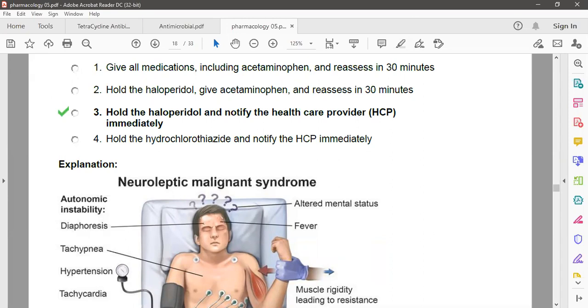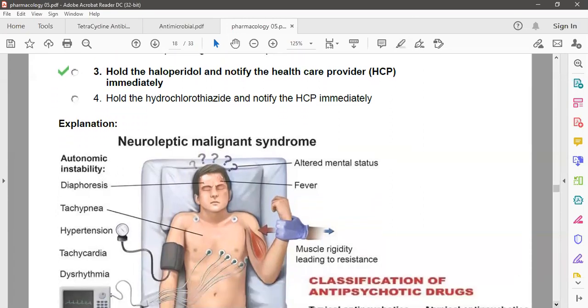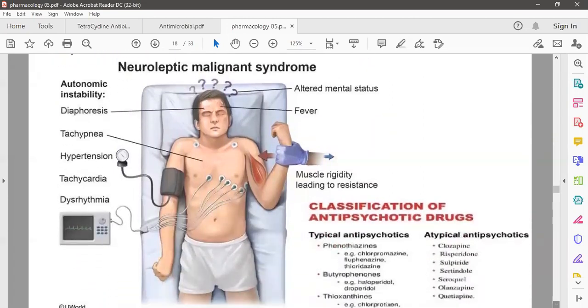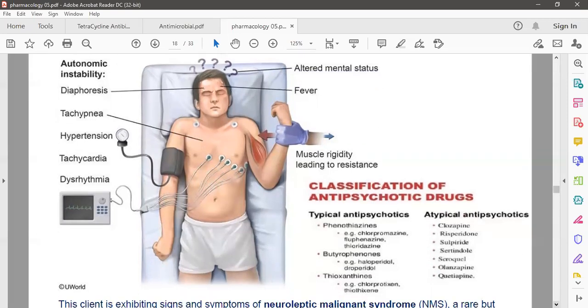Now we are going to focus on what neuroleptic malignant syndrome is. Before that, every student must know the different antipsychotic medications.